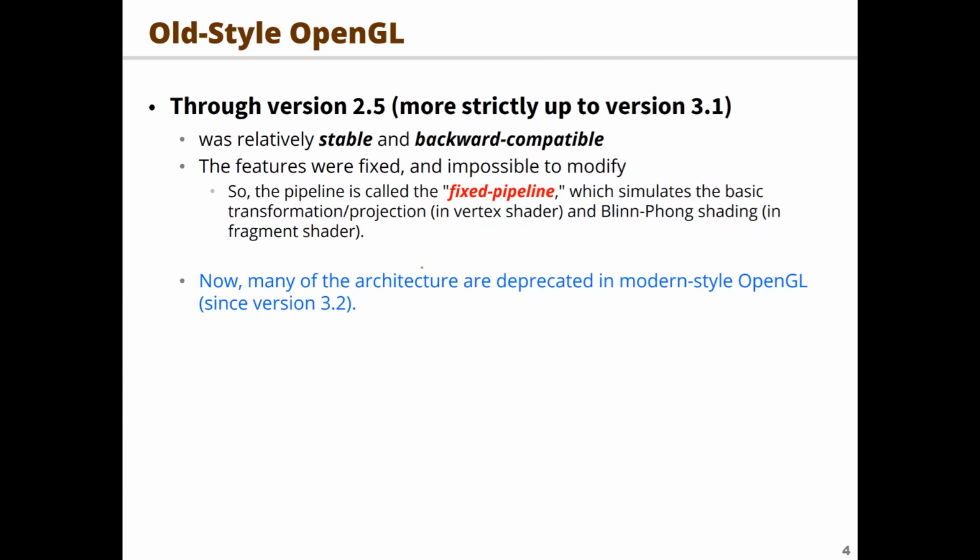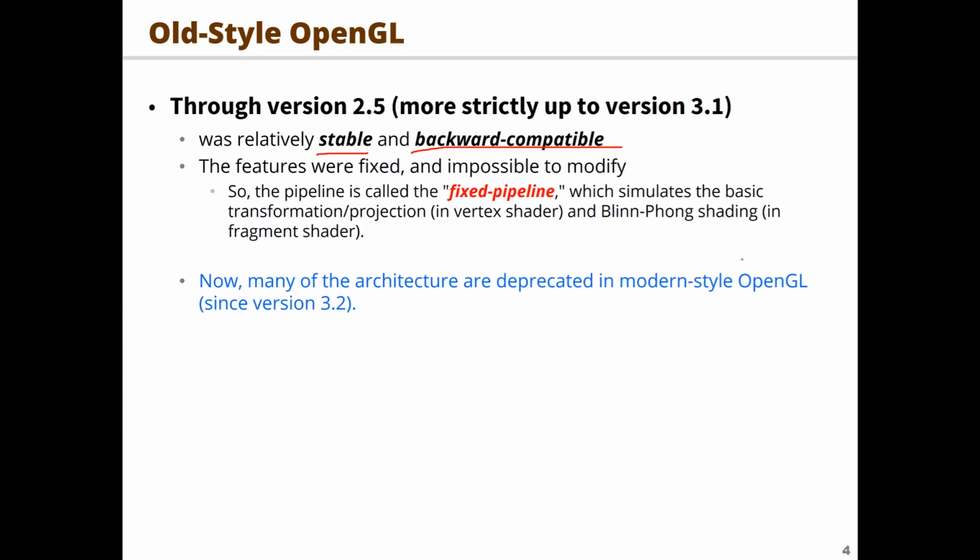From version 3.2, modern style OpenGL begins. Old style was relatively stable, and a very important thing is that it was backwards compatible. So an OpenGL 1.0 program still works in OpenGL 3.1 or 2.5. Actually it still works, but it is no longer maintained.